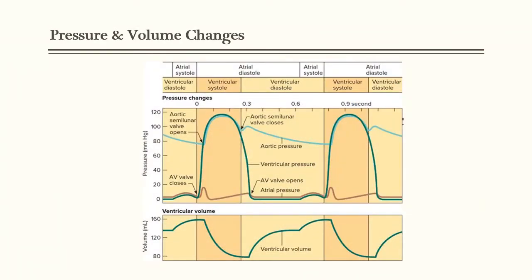This graph represents changes in pressure and volume during the cardiac cycle. Let's start with the volume first. This represents ventricular systole and this represents ventricular diastole. As you can see, the heart spends more time during diastole than systole.